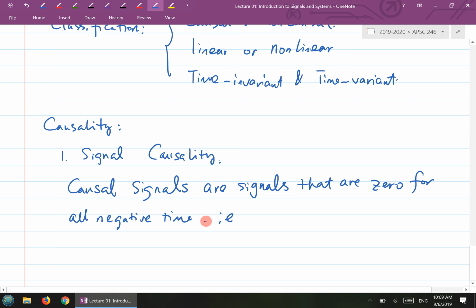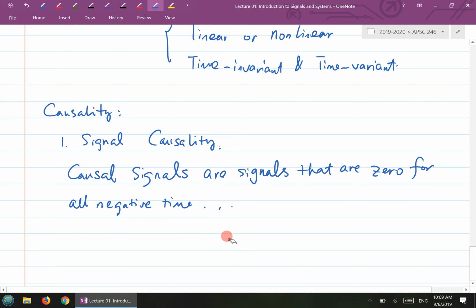That's a causal signal. Mathematically, to describe it, basically if I have a signal f of t, then it's going to be zero for t less than 0. If you have a signal like that, then we define it as a causal signal.